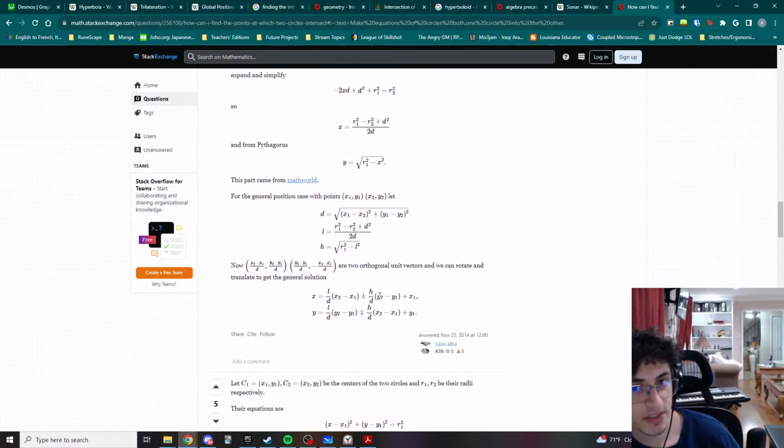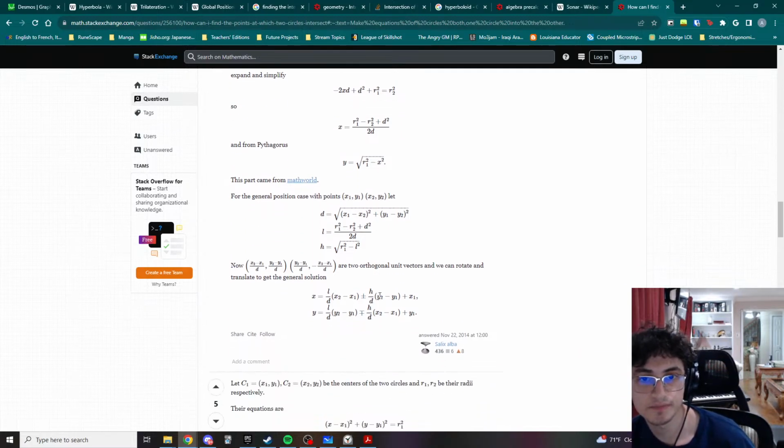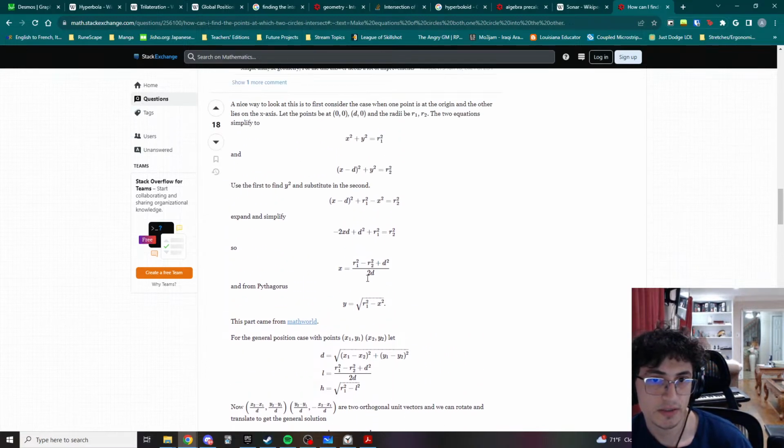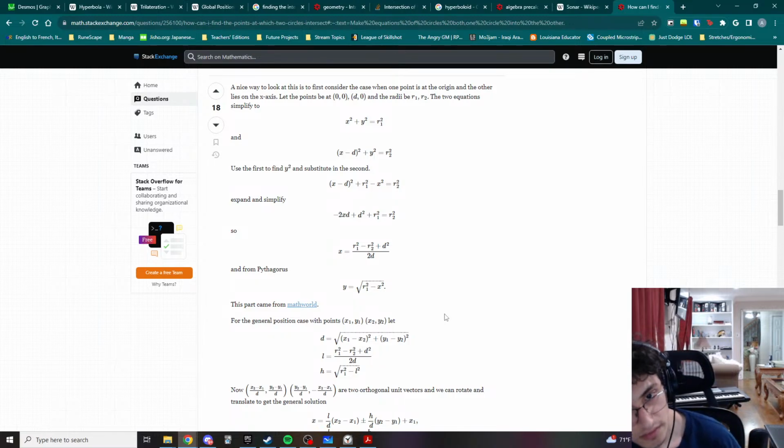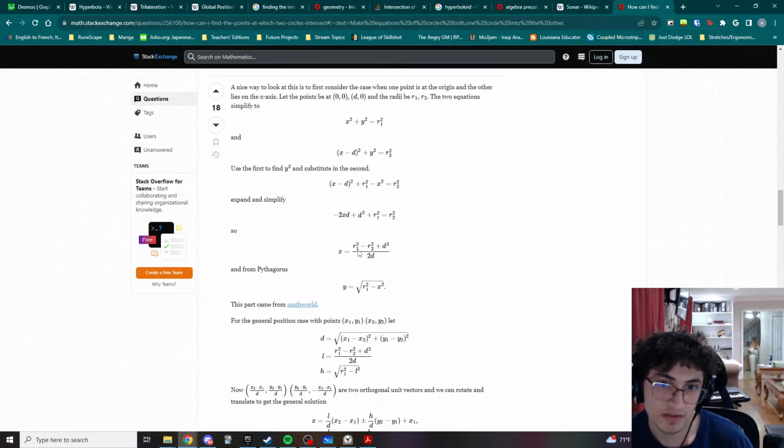For the general position case with points x1 and x2, we do a similar process, I guess. Okay, it's a similar process, but they're generalizing it. L is equal to this.